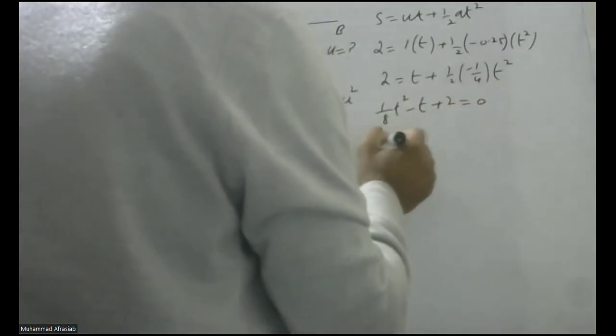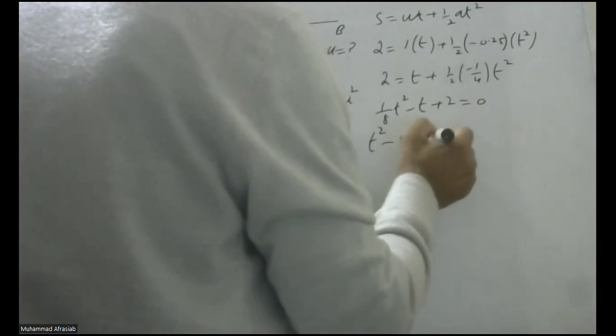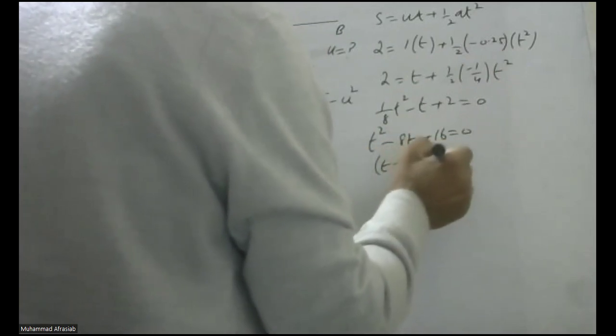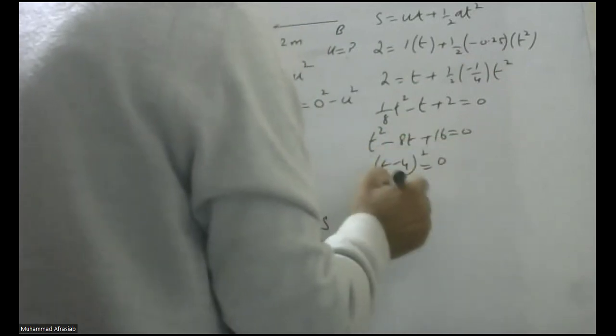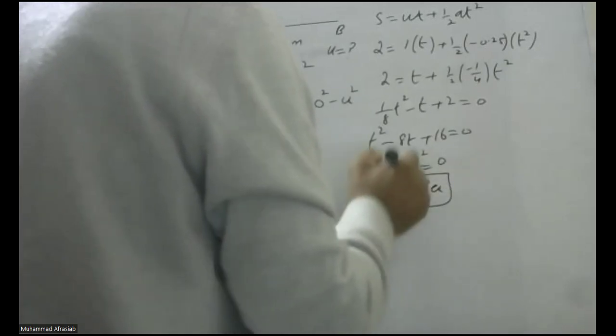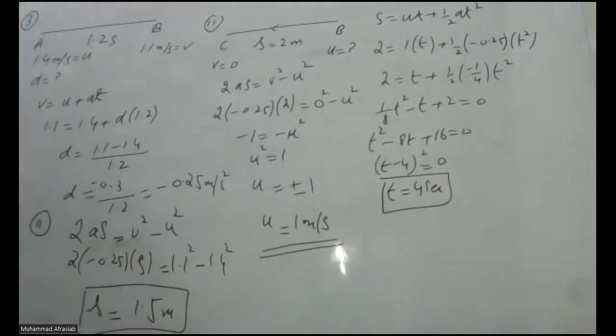That is t squared minus 8t plus 16 equal to 0, or (t minus 4) squared is equal to 0. So t is equal to 4 seconds. That means it took 4 seconds to travel from B to C.